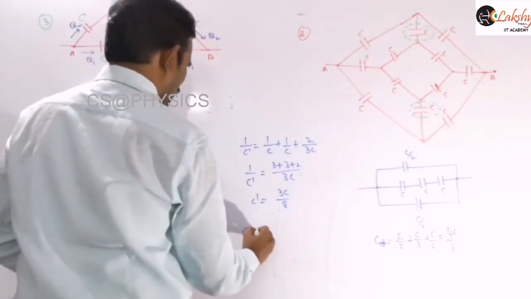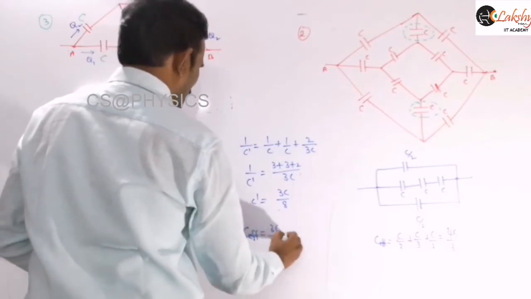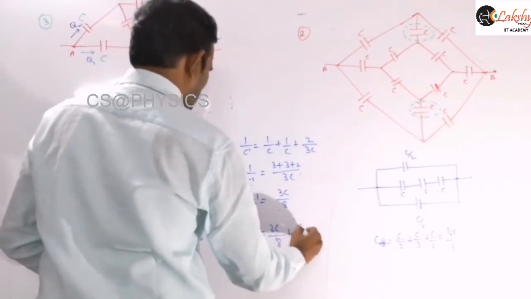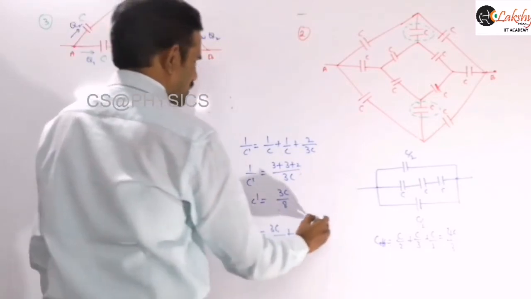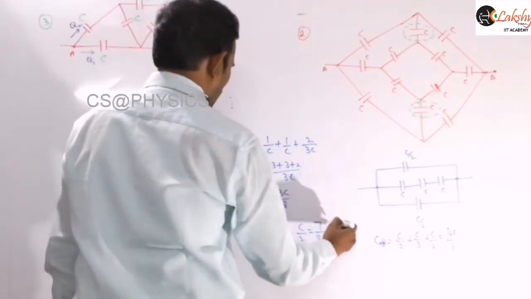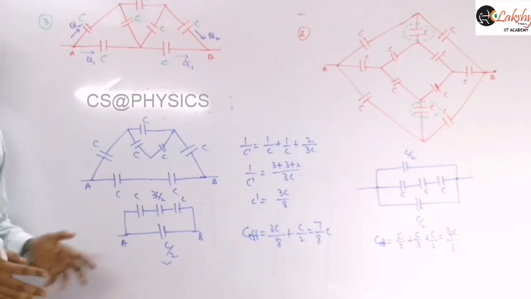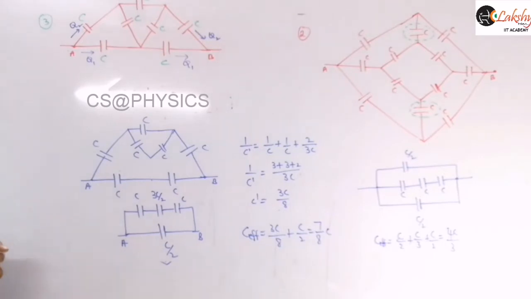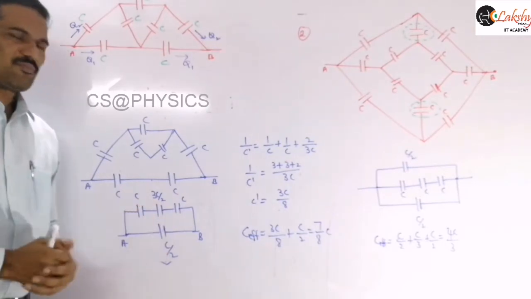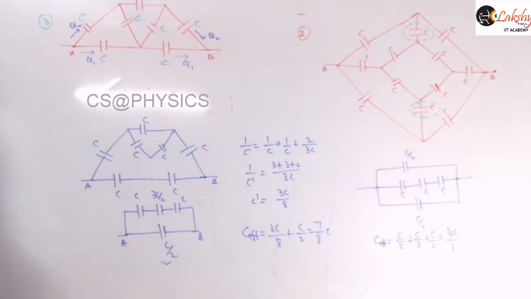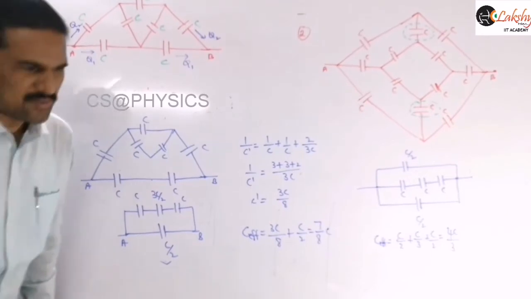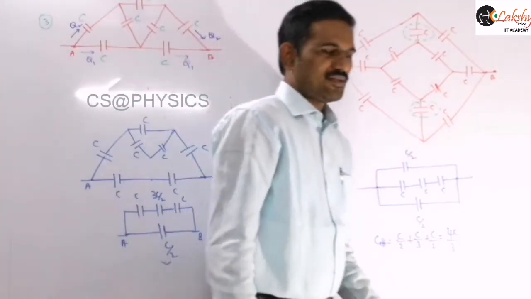Therefore finally this C effective value we can write as 3C by 8 plus C by 2, which is nothing but 7 by 8 C. I think in resistors also we got a similar value, 7 by 8. So that is our value, if you are taking all of them as identical. And that is our effective capacitance calculation just by removing this junction, right? Then I will give some problems based on this, and so solve them by using these symmetry methods, right?